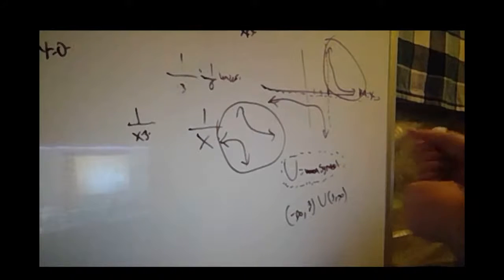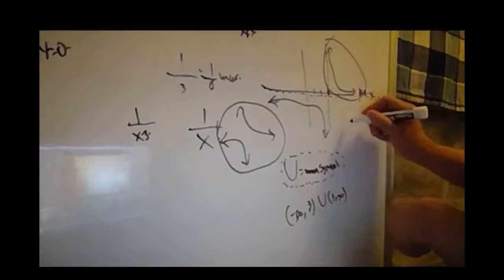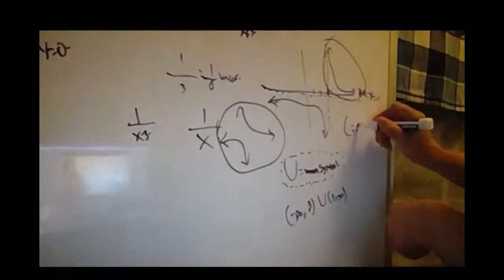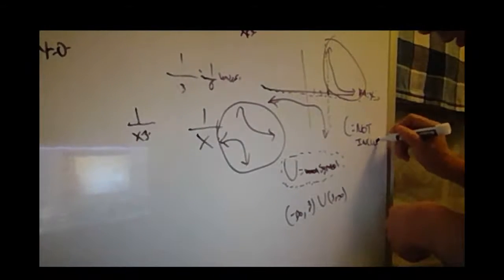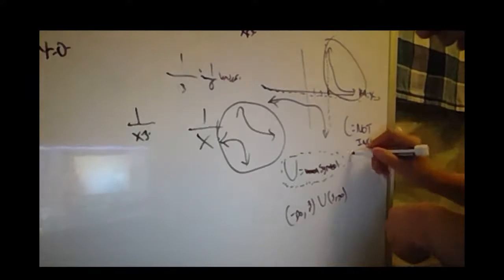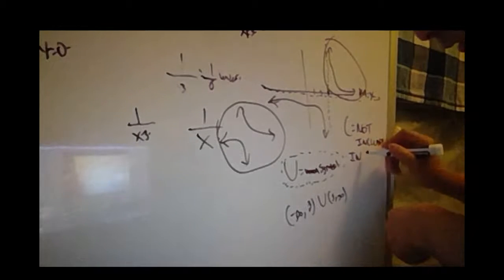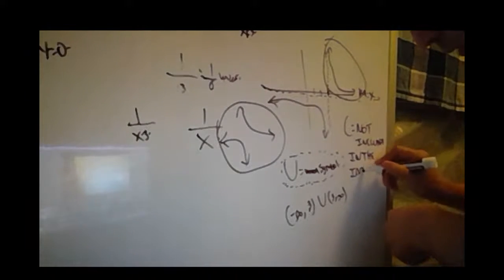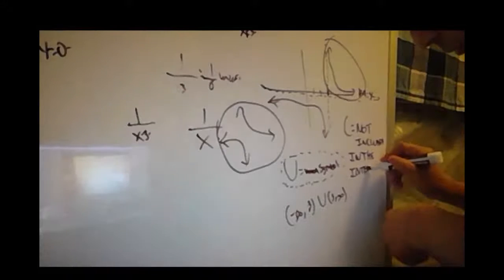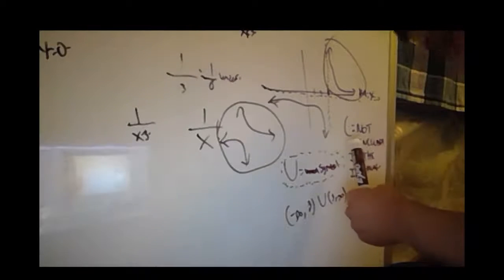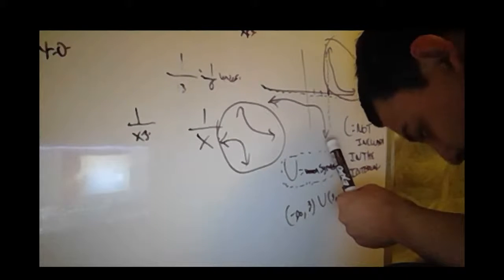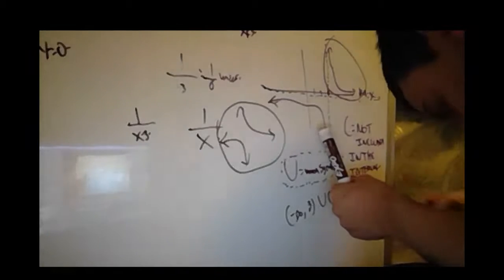Remember when I taught y'all that parentheses means that it's not included in the interval, okay? That's one of the things that I really want to make sure that everybody understands.